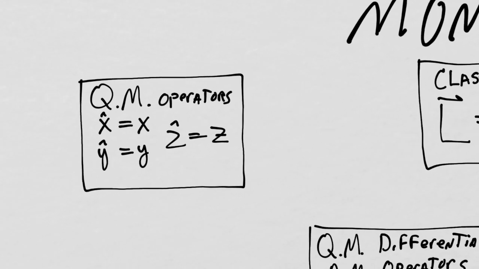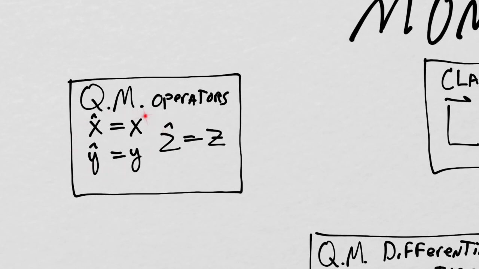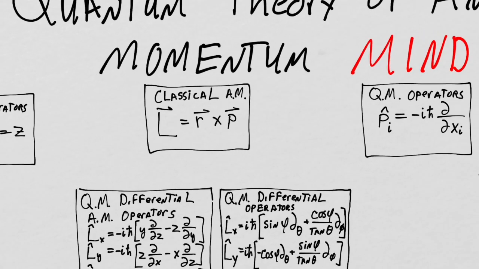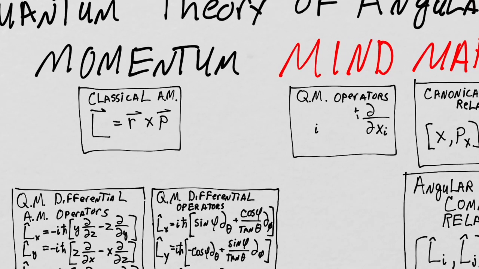Likewise, everywhere I see position vectors, I'm going to replace it with just the position. This is the quantum mechanical operator associated with position, right? Each coordinate is nicely separated and commutes quantum mechanically. Likewise, each coordinate here commutes quantum mechanically.